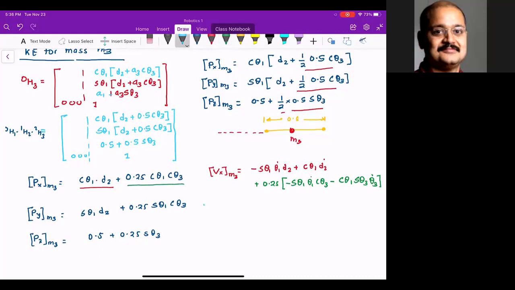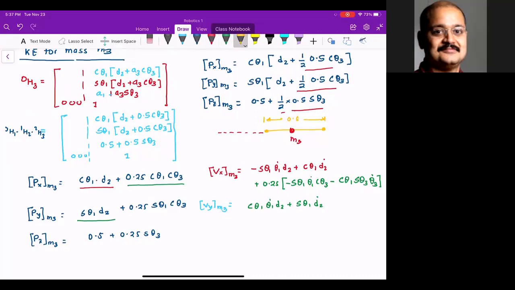Next part, Vy of M3. For that, sine theta 1 d2 becomes cosine theta 1 dot d2 plus sine theta 1 d2 dot. So this is the first term.